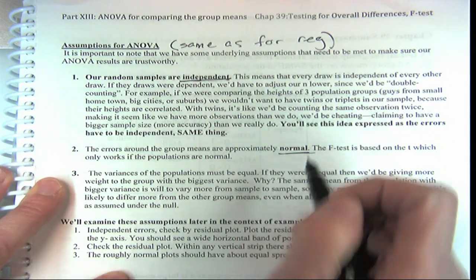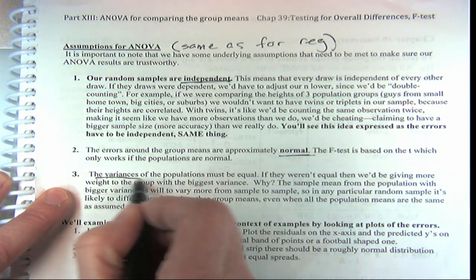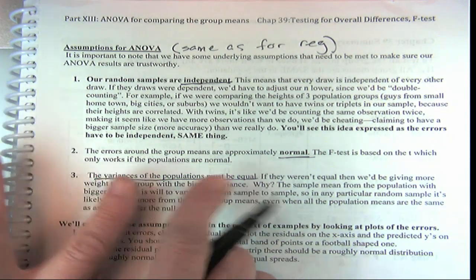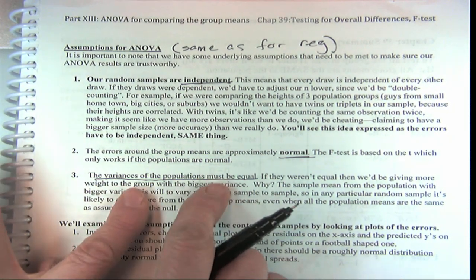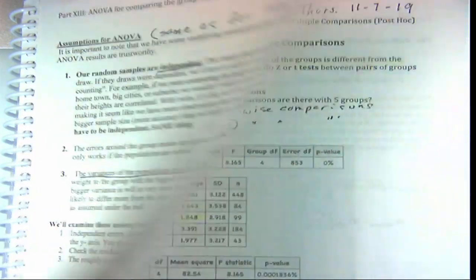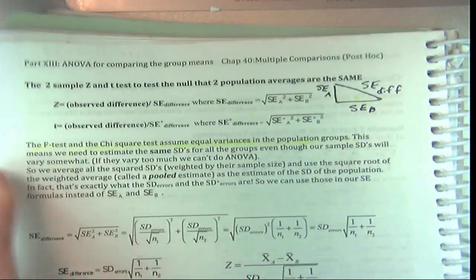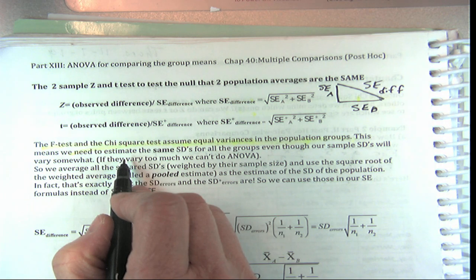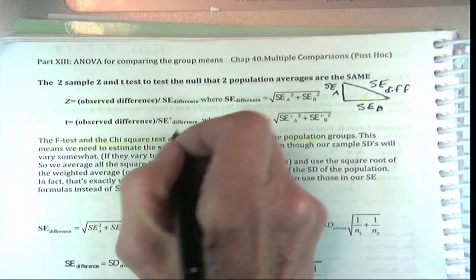Independent, and here's normal, and here's the variances are equal. This is the one I'm talking about, okay? So we're assuming that's true with ANOVA here. So let's go back. We're going to adjust our standard errors a little bit. Okay. So we assume this is assumption number 3.